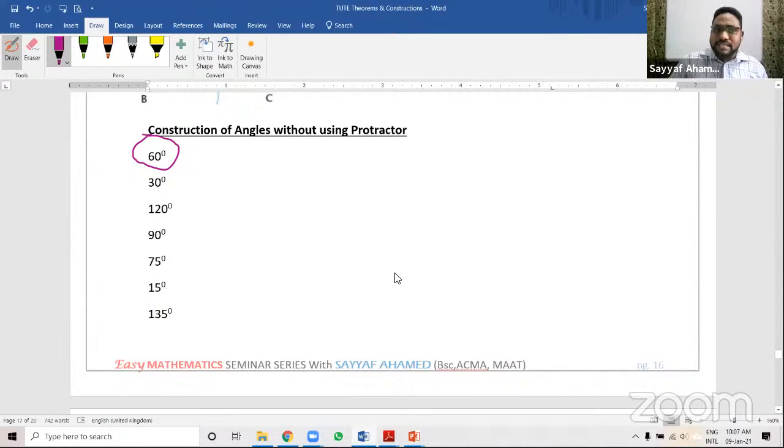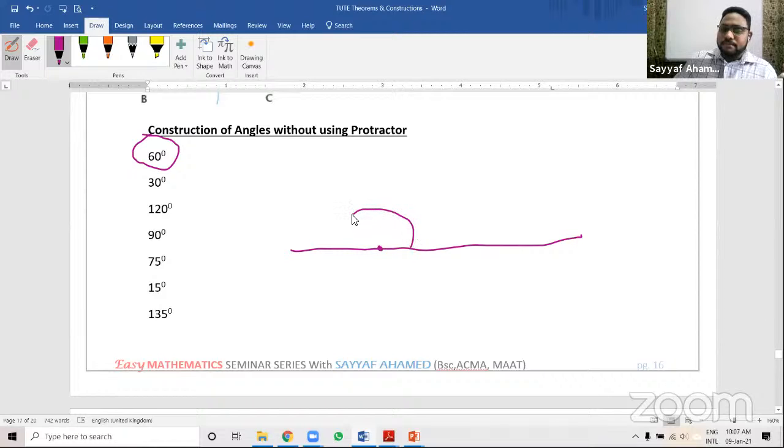To draw a 60 degree angle, we have a straight line, and from a point you take a distance on your compass and draw a small arc, or maybe a small half circle. That doesn't matter. But without changing the distance, so make sure your compass is a good quality one that doesn't move here and there, we draw a small arc crossing it from this point.